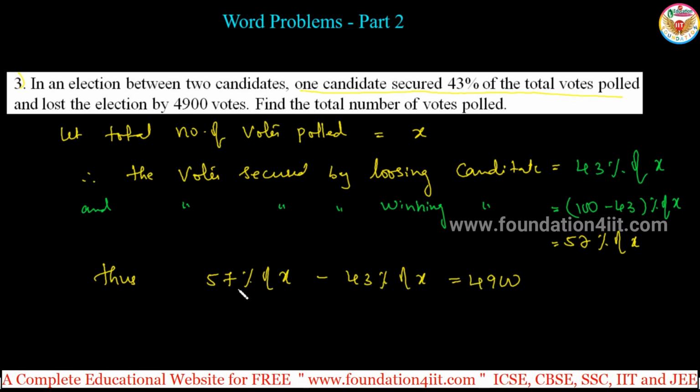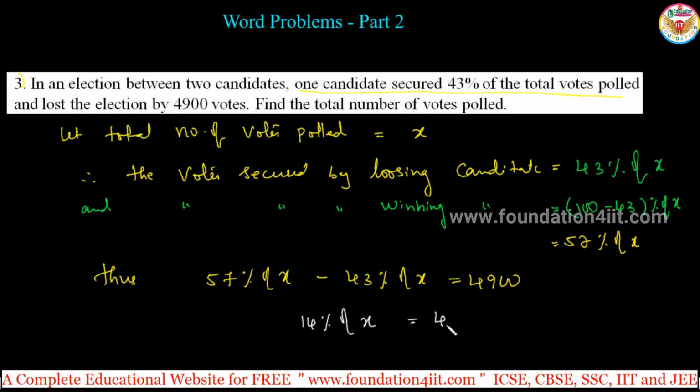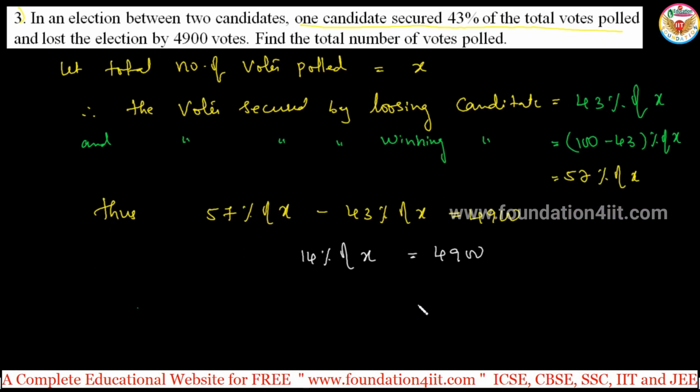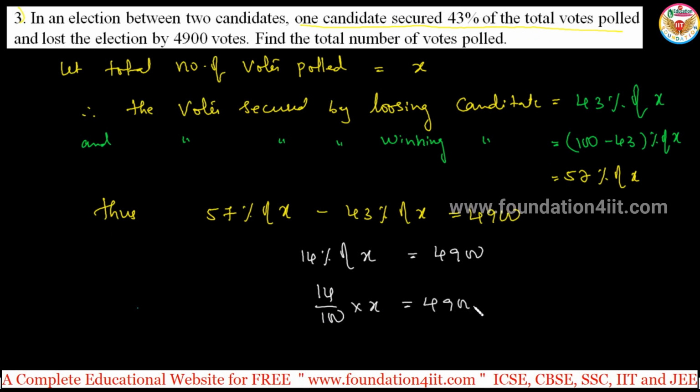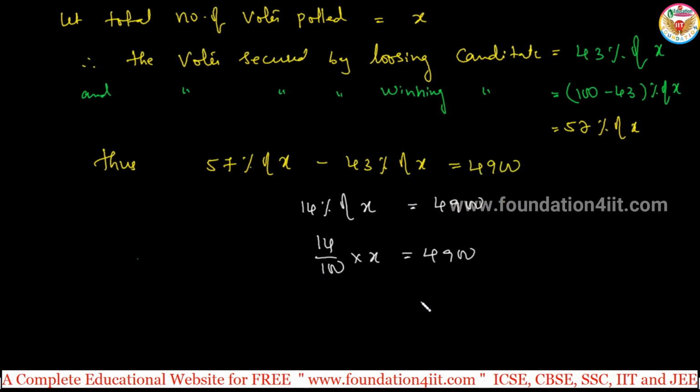We can simplify 57% of X minus 43% of X. 57 minus 43, so 14. 14% of X is 4,900. So 14 by 100 into X is equal to 4,900. You can find the X value easily.